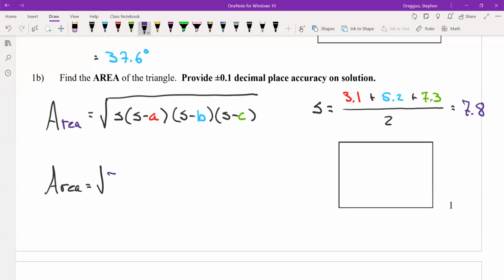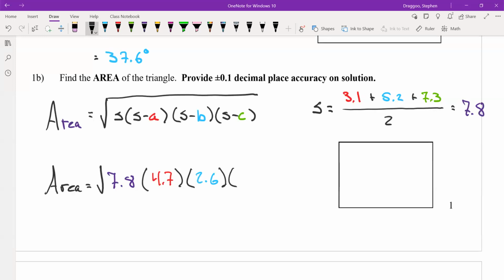And we should get 7.8 times 7.8 minus 3.1, which is 4.7. And then 7.8 minus 5.2, that's 2.6.